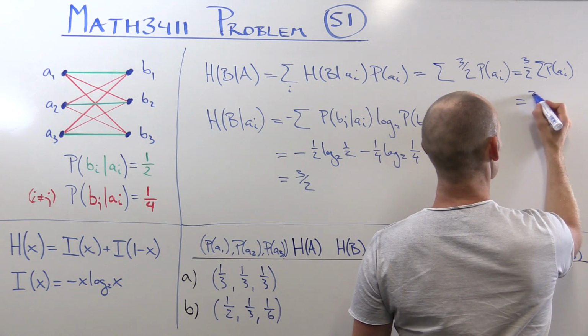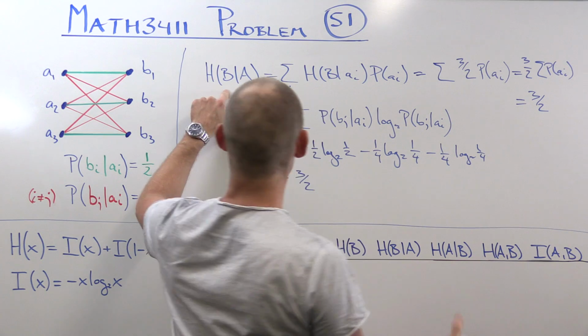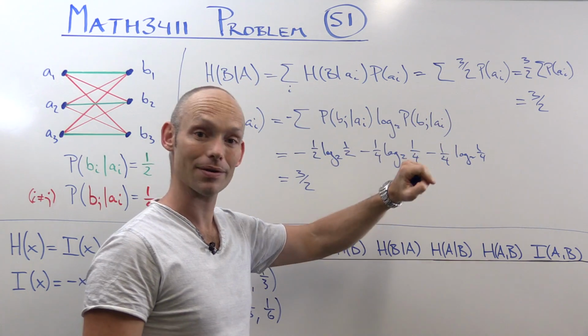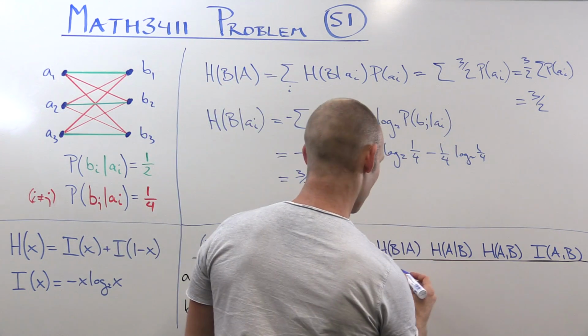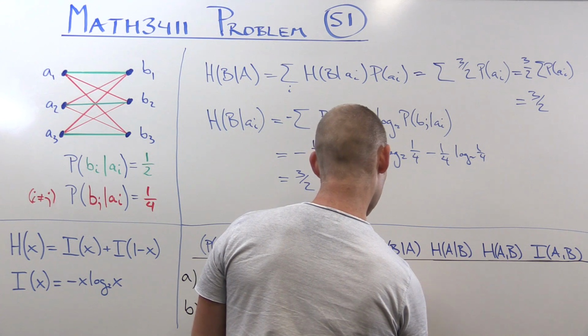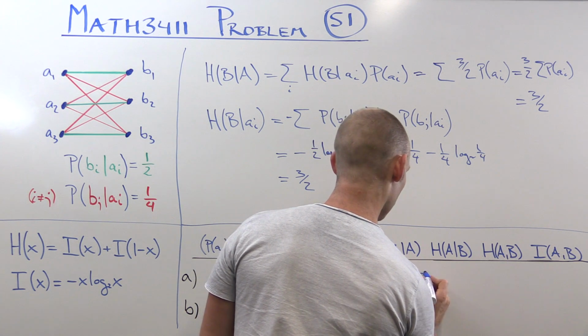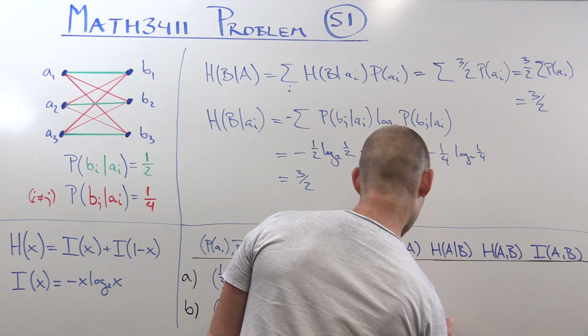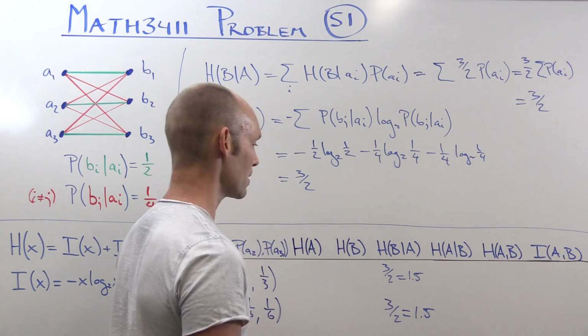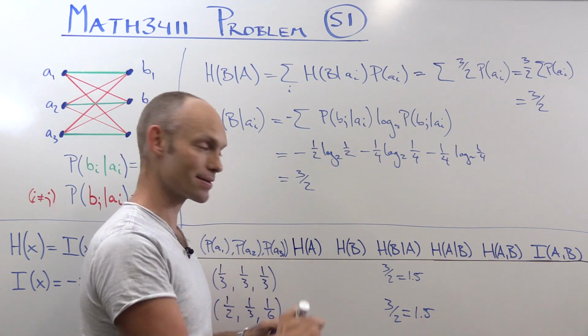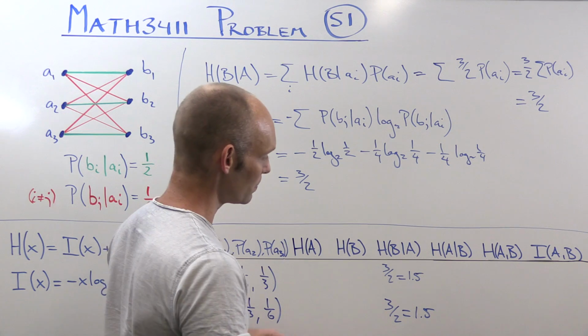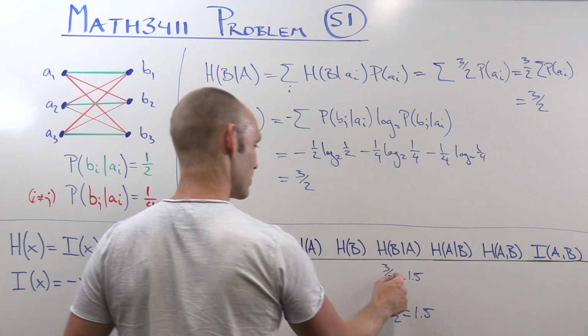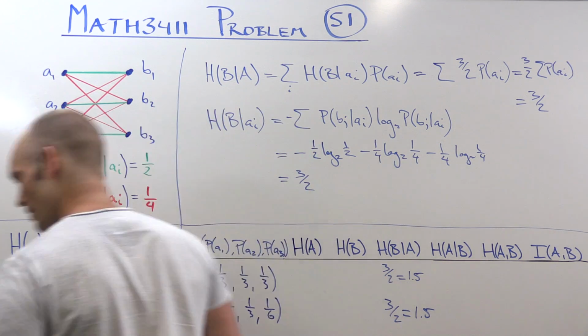So therefore we get that this entropy here, B given A, is just 3 halves. So let's write that down. 3 halves, or 1.5 if you want. So we've filled out a little bit in this table. Not a lot, but it's an important fact that we'll carry through the exercise.